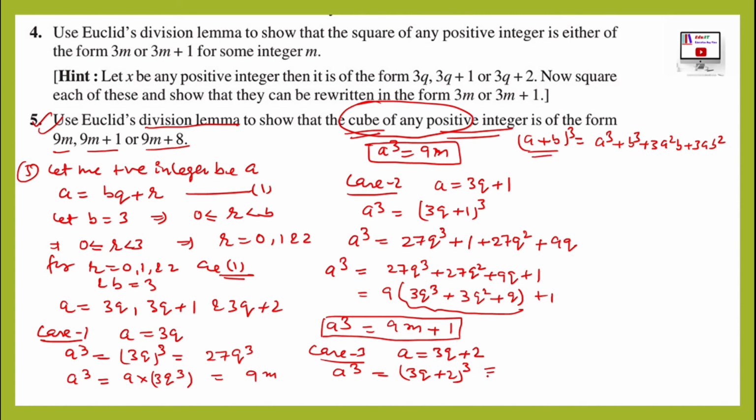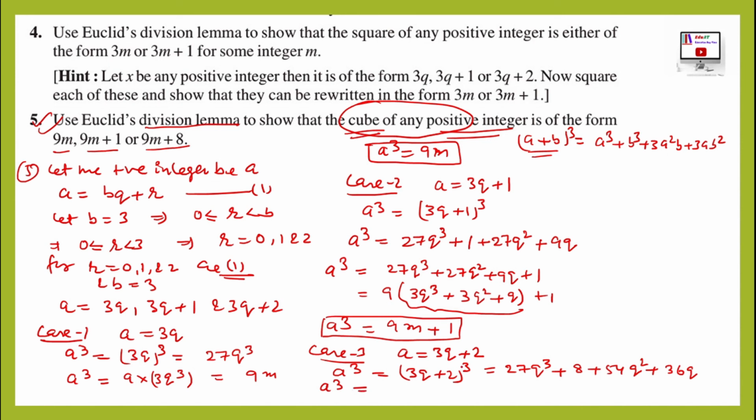So finally this will be equal to (3q) cube, means 27q cube, plus b cube, means 2 cube is 8, plus 3a square b, it will be 54q square, plus 3ab square, which will be 36q.